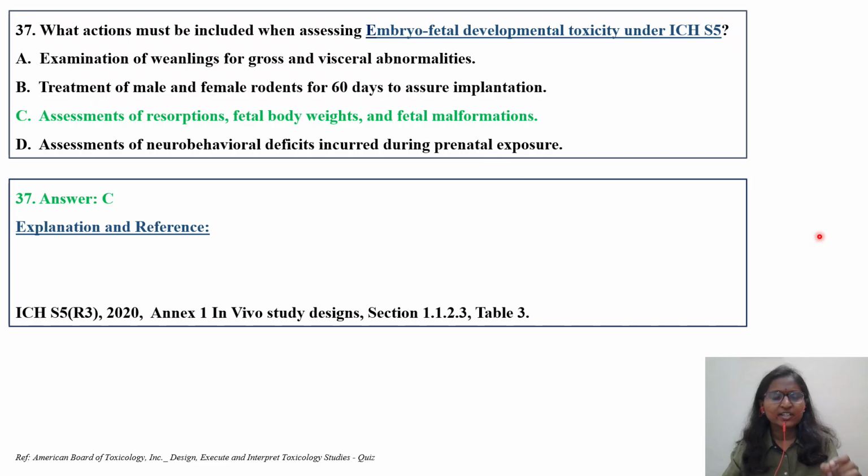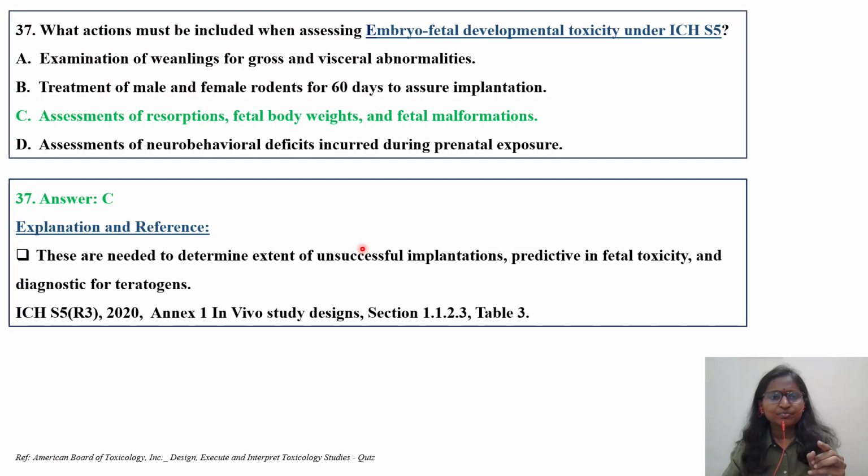Let's see the explanation and the reference given by the American Board of Toxicology. These are needed to determine the extent of unsuccessful implantations, predictive in fetal toxicity, and diagnostic for teratogens. So why do we need resorptions, fetal body weights, and fetal malformations?